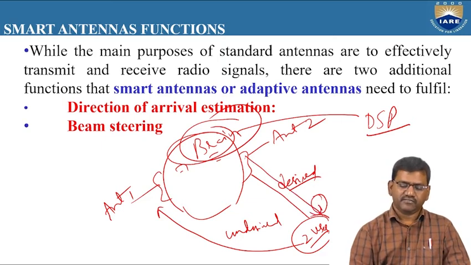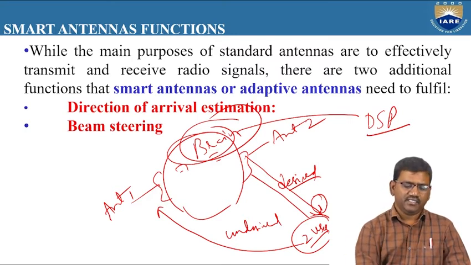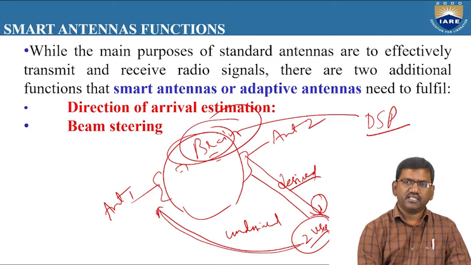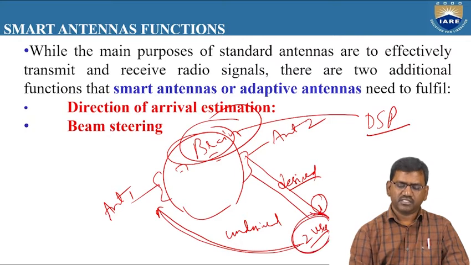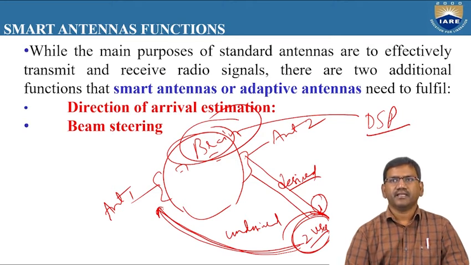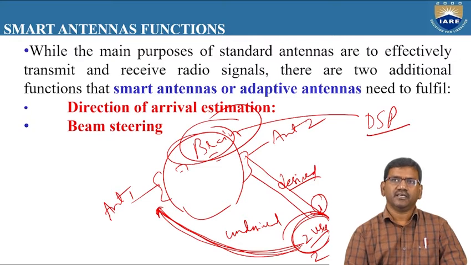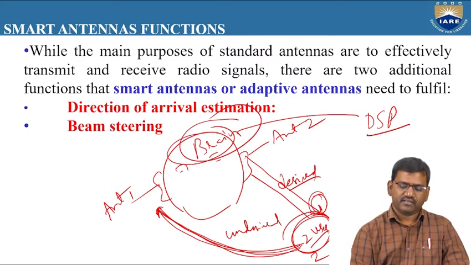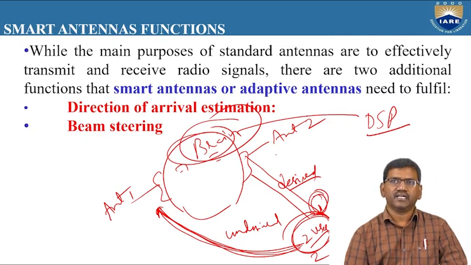This antenna 1 is very far from the two users, so this signal will reach antenna 1 with some time delay. And signal 1 will reach antenna 2 at an earlier time.